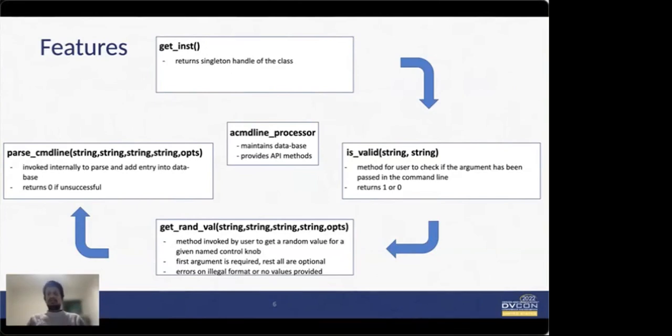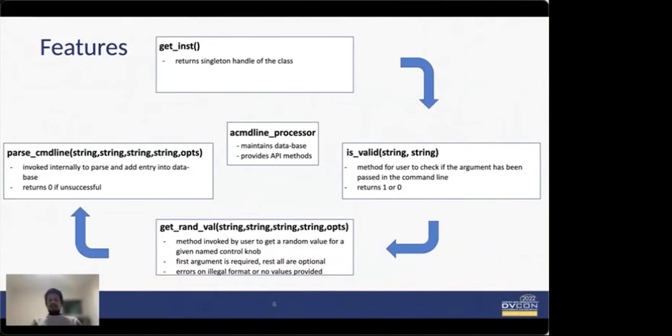So in your normal course of operation, your default constraint needs to kick in, and nothing from the command line should shape the traffic. So isValid is basically a method which the user can use to prevent command line overrides of any of the default constraints. Only if someone actually provides something on the command line do you need to use this method and not use the default constraints. And I'll show this in our coding examples.